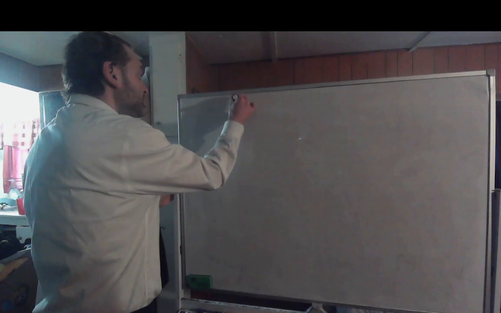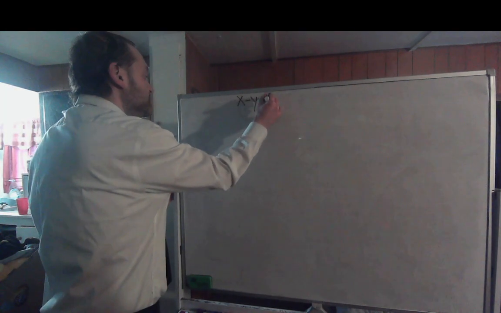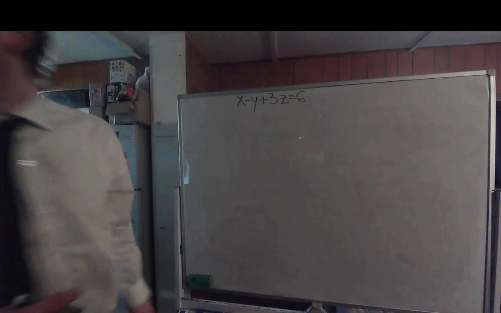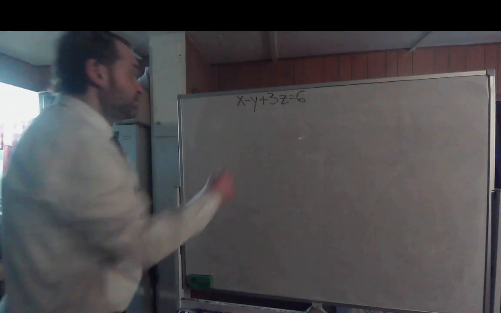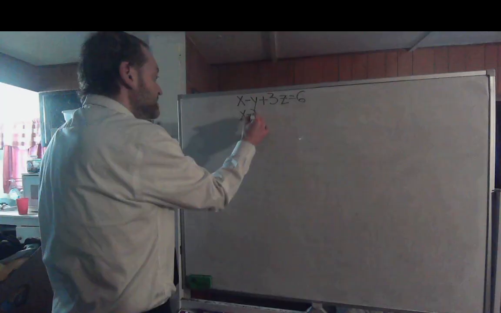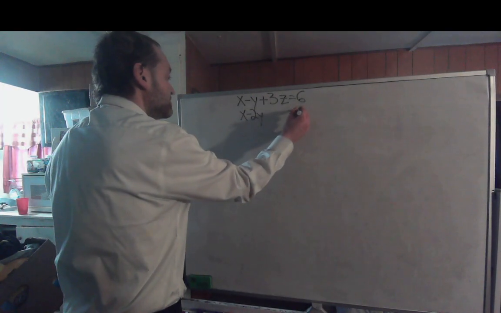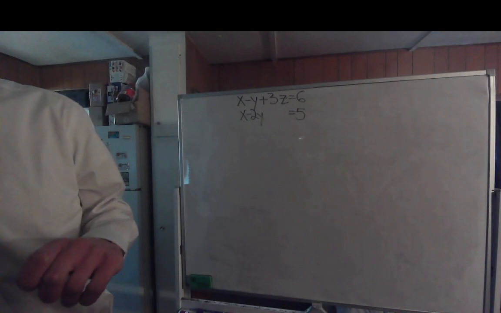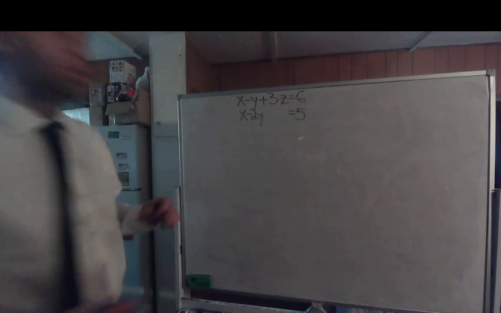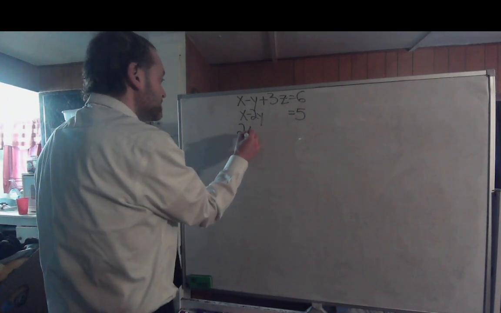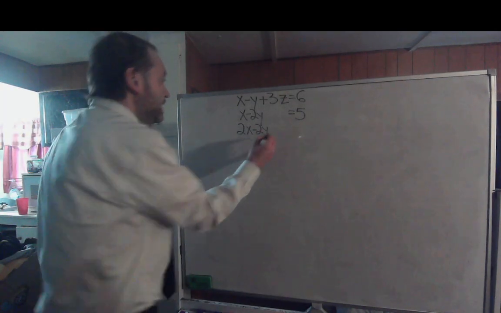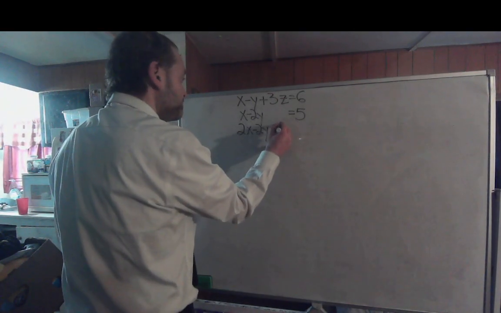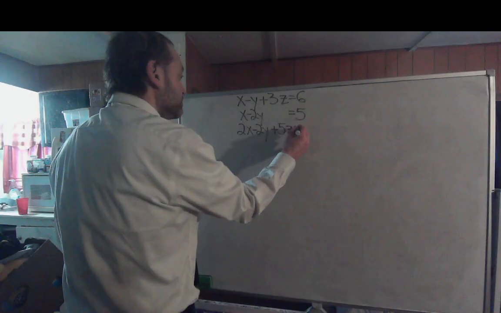We have x minus y plus 3z is equal to 6. We have x minus 2y equals 5. Then we have 2x minus 2y plus 5z equals 9.